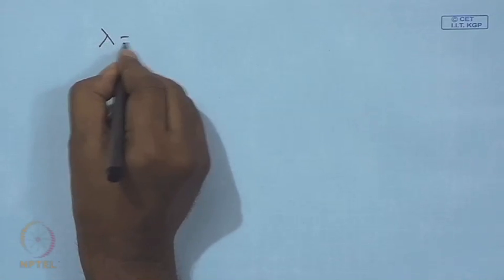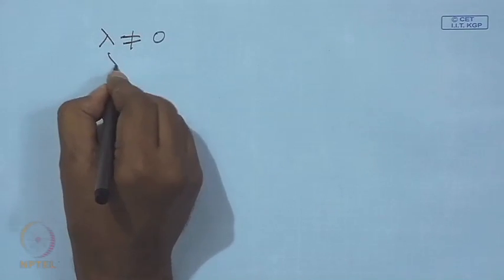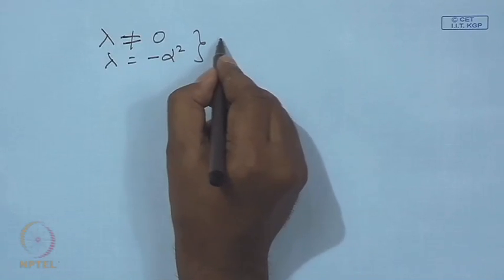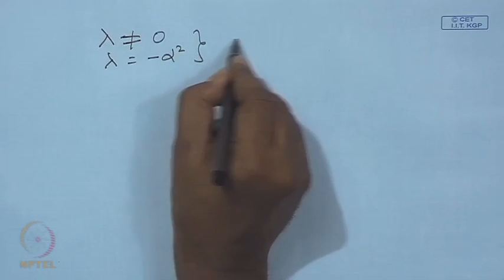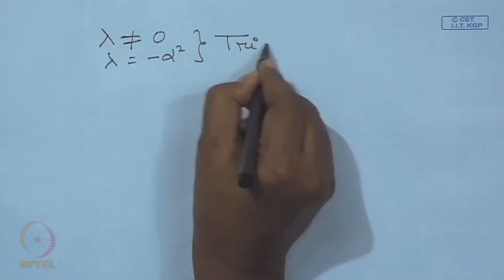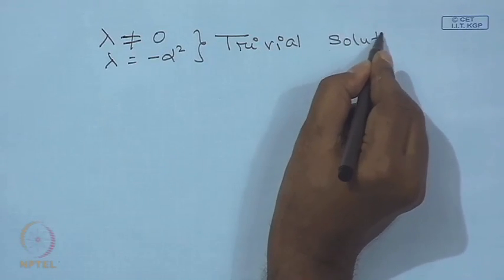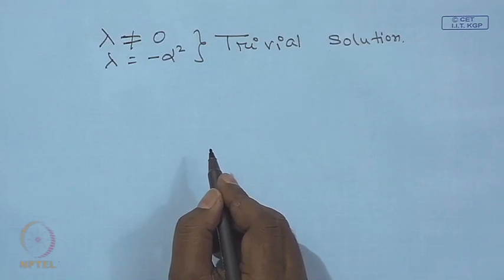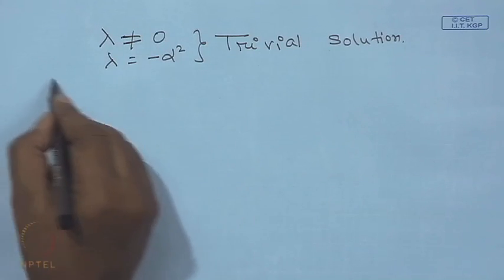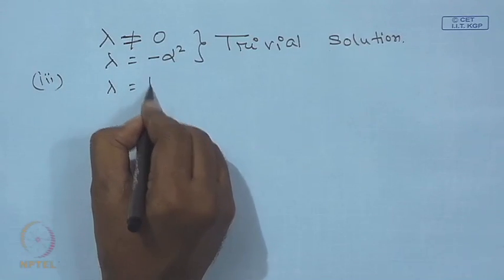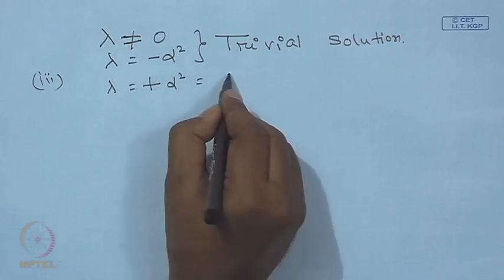We have ruled out that lambda is equal to 0 and lambda is equal to minus alpha square, because both of these lead to only the trivial solution. And we are looking into the non-trivial solutions. So, the third option is now left: lambda is positive and it is equal to plus alpha square.